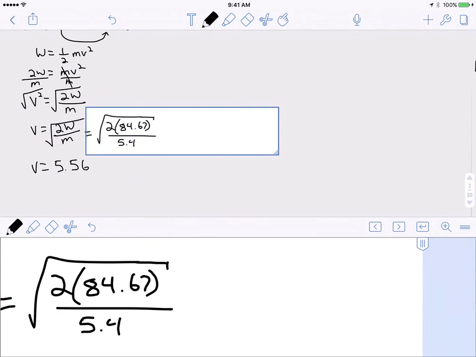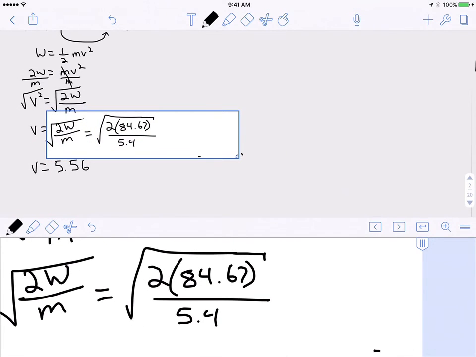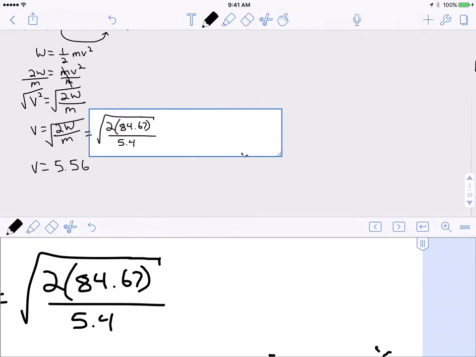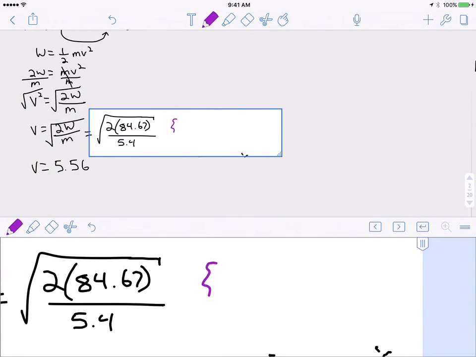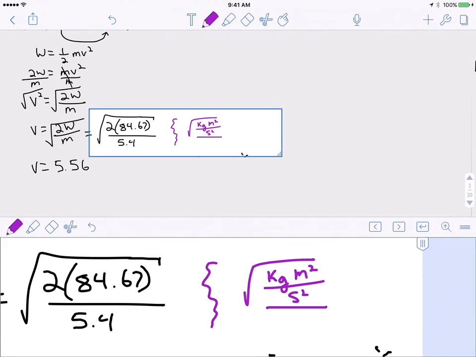And what are my units here? Well, over here I have work divided by mass. So for the units, I'm going to do the square root of my work, which is kilograms times meters squared over seconds squared, divided by the kilograms over 1.